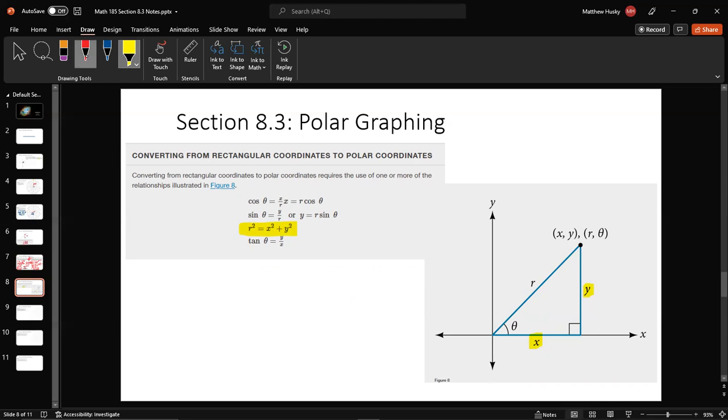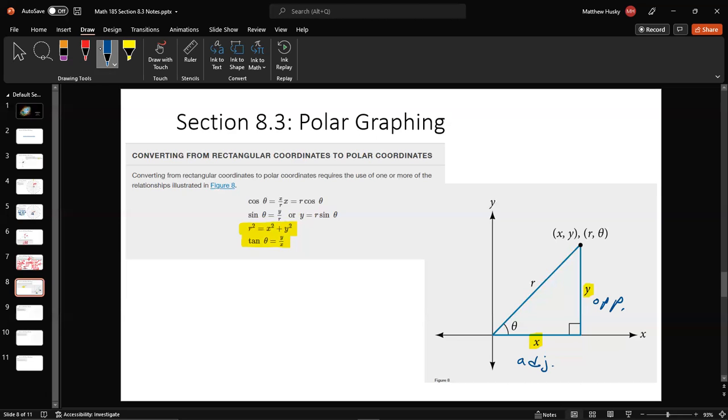And then fun fact, if you want the value of theta, probably the easiest, because we want to do things only in terms of x and y, also known as the opposite and the adjacent, well, the trig function, if you go back to good old-fashioned SOHCAHTOA, would be tangent. And if you do the tangent of the angle, that's the opposite over the adjacent, also known as y over x.